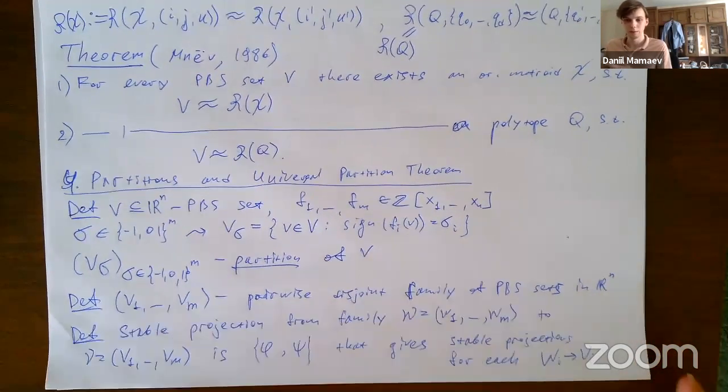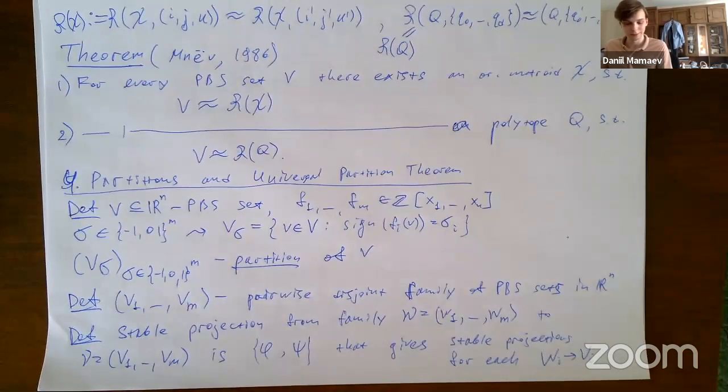So now you just choose polynomial maps such that they parameterize all of your sets simultaneously.